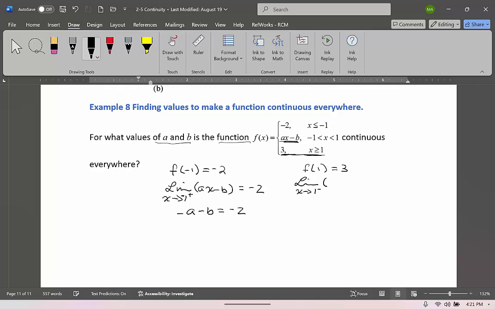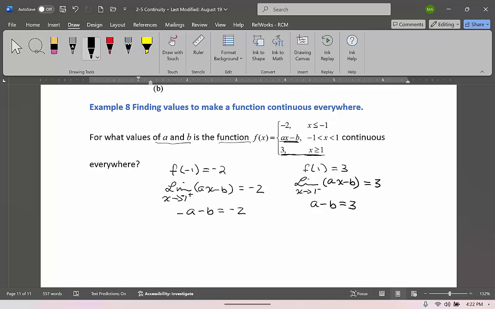In that case, we're again on the ax minus b part of the graph, and we need that limit to equal the value of the function, because that is our definition of continuity. The limit exists, and it equals the value of the function. So when x is equal to 1, this just becomes a minus b is equal to 3.